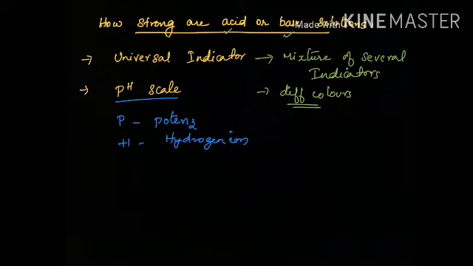So together we can say that a pH scale is a scale which measures the concentration of the hydrogen ion.